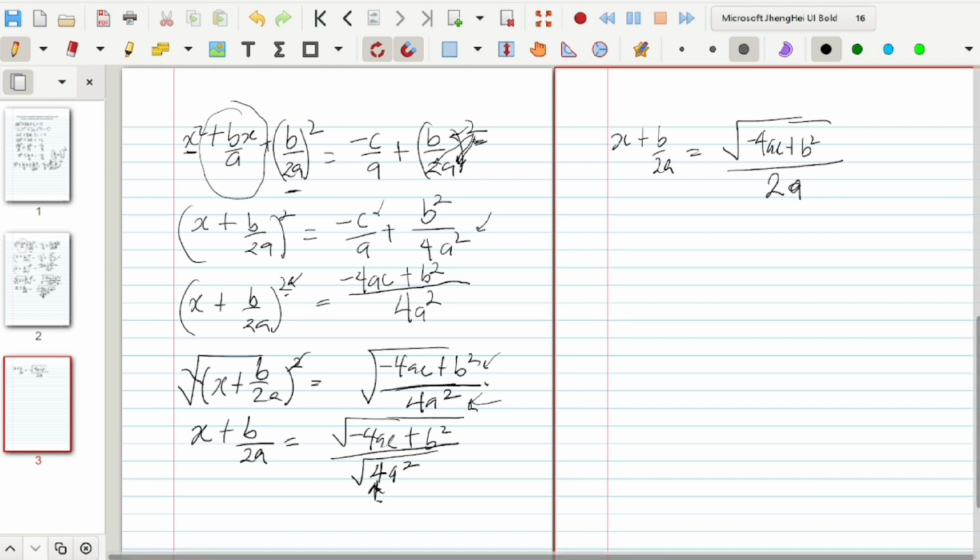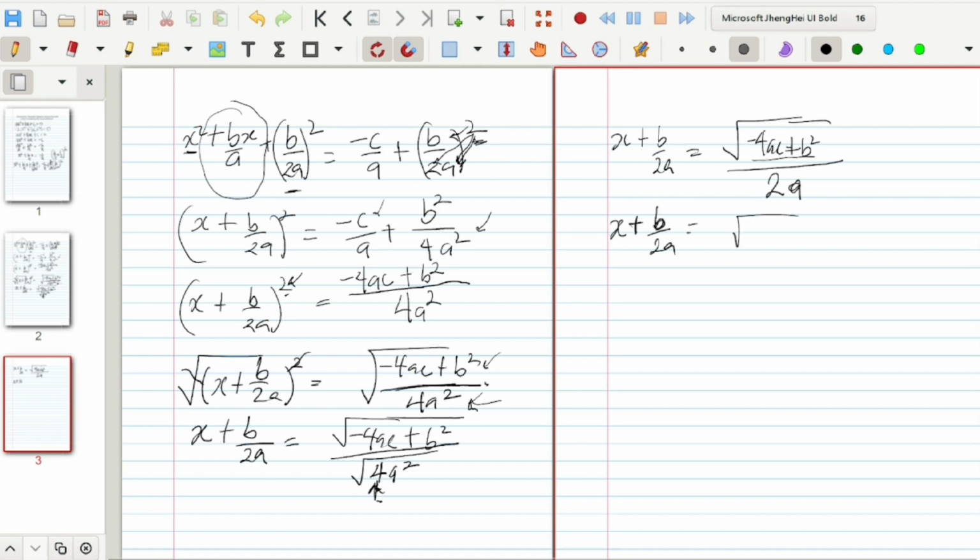We can rearrange this, bringing the plus b to this side and the minus 4ac to the other side, provided we are crossing the equal sign. It doesn't change the sign, so we have x plus b over 2a equals the square root of b squared minus 4ac over 2a.